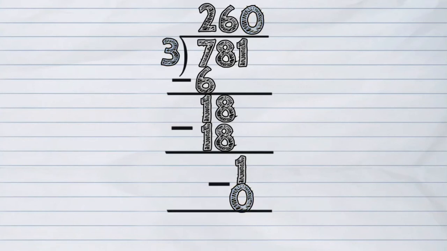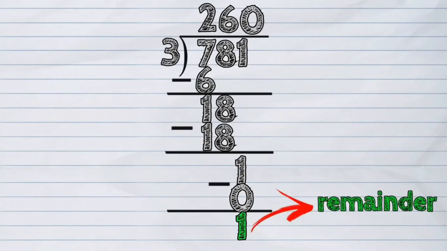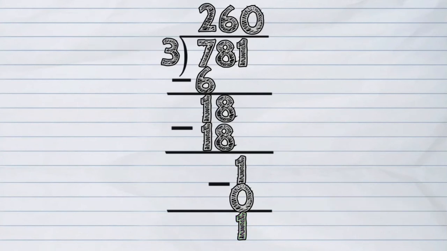Now we subtract 0 from 1, which gives the answer of 1. As you can see, there is still 1 left over, but no more numbers to bring down. So this will become our remainder. Take note that our remainder must be less than the divisor and is written as part of the quotient.